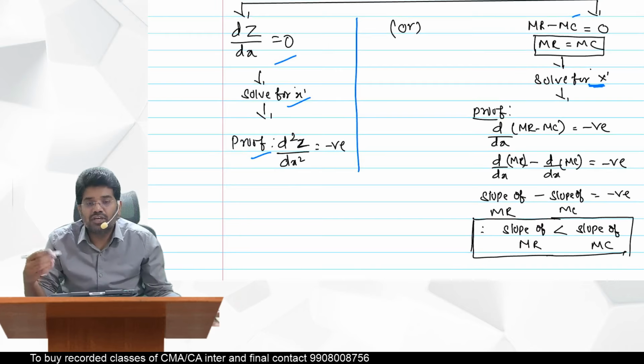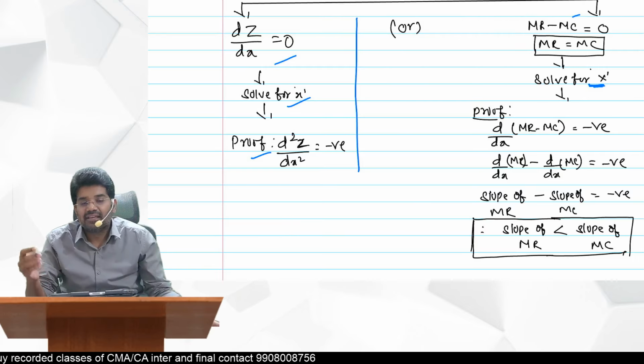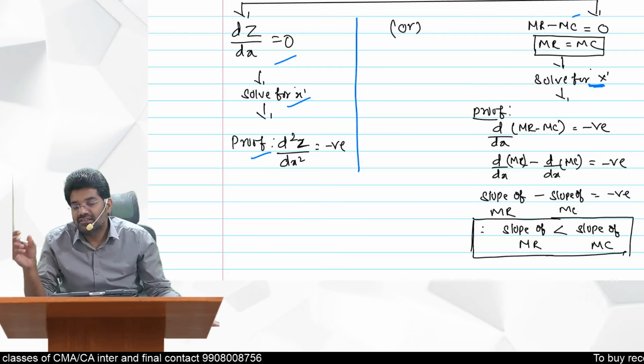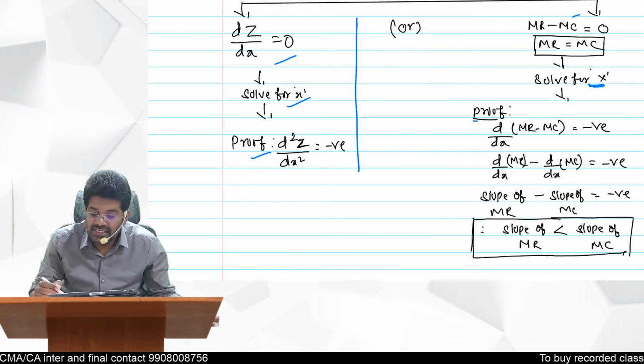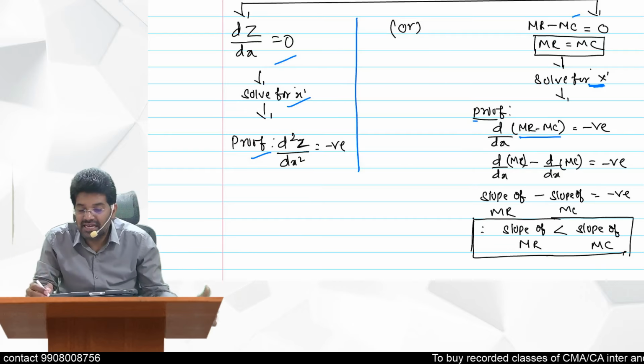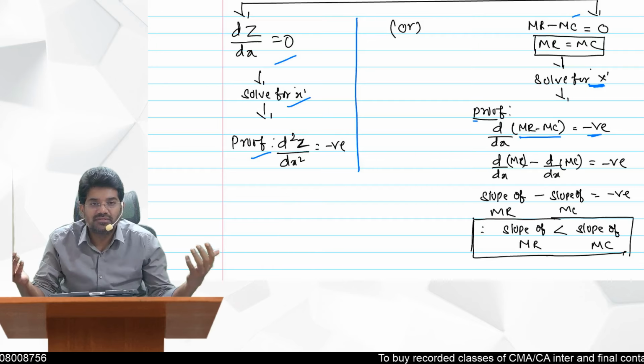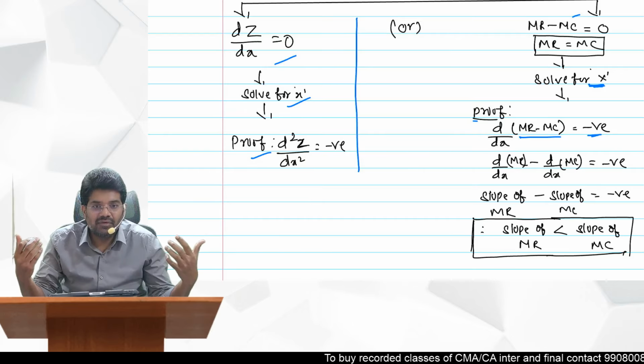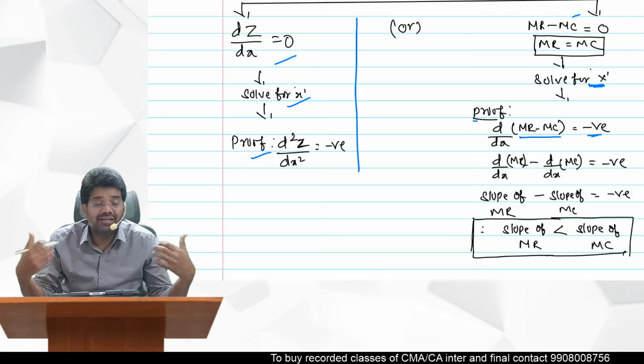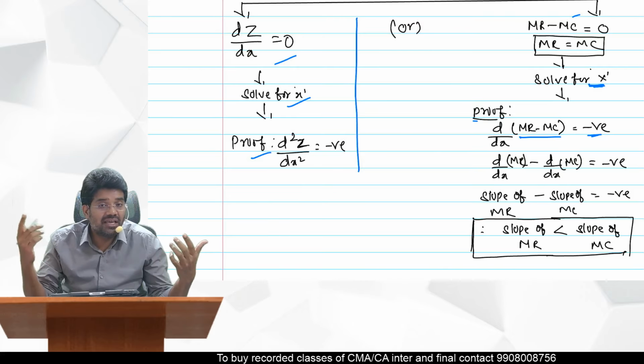Next is how you can prove that there is a maxima there. This is how you should prove. The proof is d by dx of MR minus MC must be negative. To say that we have achieved maximum profit, our second order derivative must be less than 0.